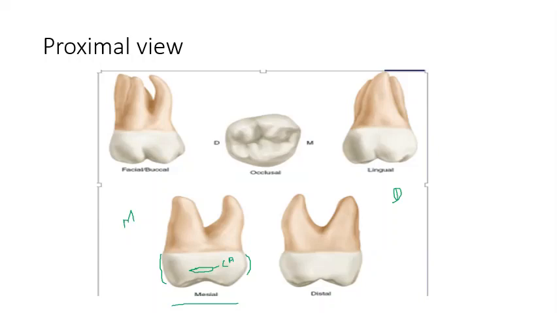We can hardly see any cervical flattening here, as it is more pronounced in the maxillary first molar. The cervical line hardly shows any curvature on the proximal aspect; it is irregular or almost straight.